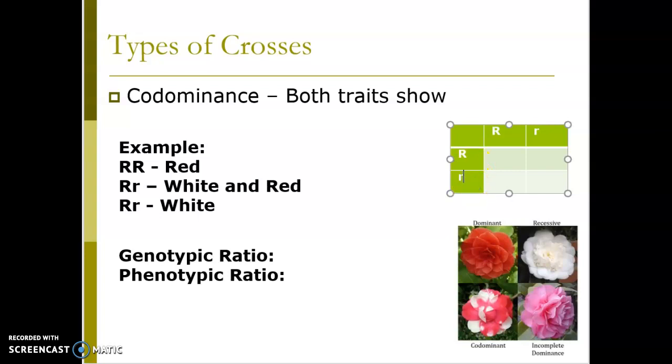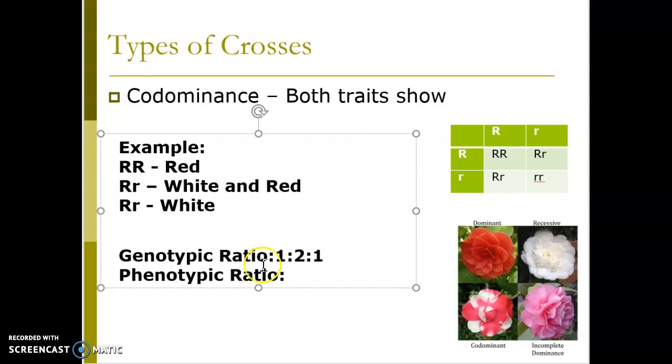So when we fill in our Punnett square, it's still filled in exactly the same way, but this baby is red. This baby is red and white. This baby is red and white. And then we've got the little white kid, okay? Genotypic ratio is done the same exact way because it's not dependent on what they look like, so it's still 1 to 2 to 1.